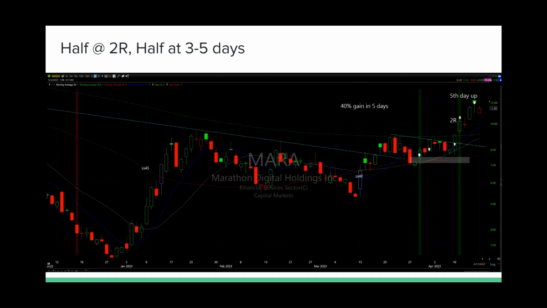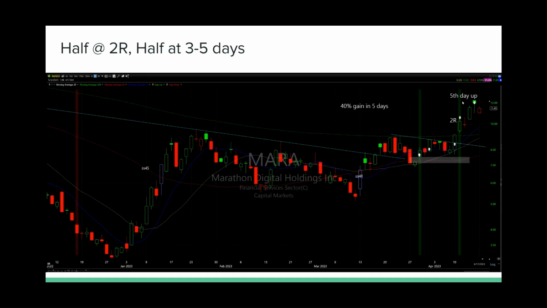So I had risked $100 and now I've made $100 in my account. I can now use that $100 profit to finance a new trade. That is the logic behind selling a partial at 2R, putting some money into your account, recycling it into a new trade, and giving yourself a chance to make even more money.